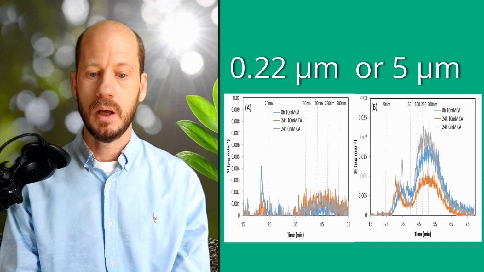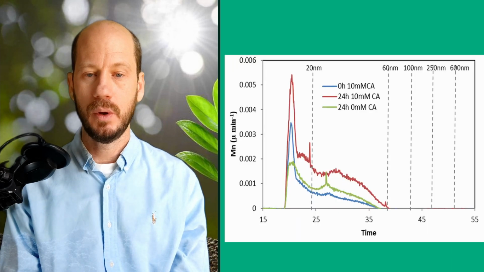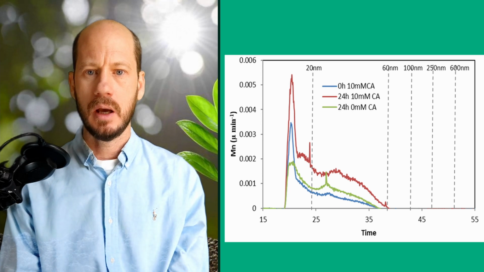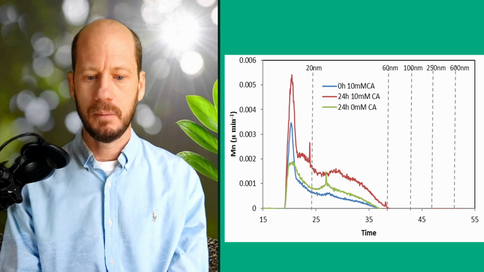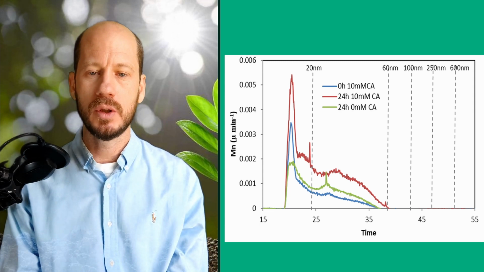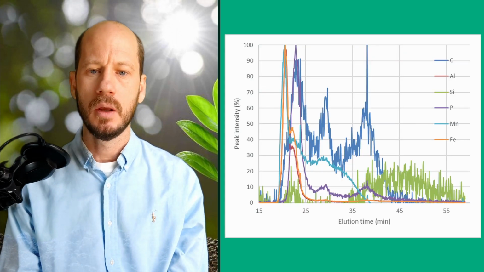Another thing that I must say is that we did not have a very good resolution for manganese. It was a widespread peak, so we didn't use manganese at all in this study. We just didn't use the data because it was very strange data.